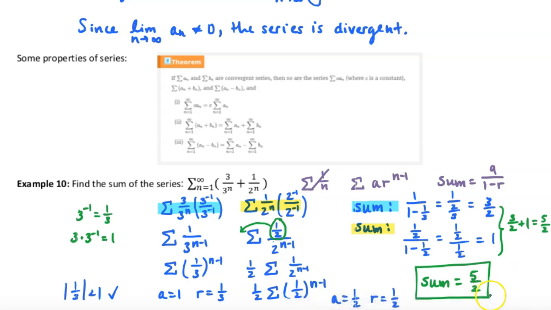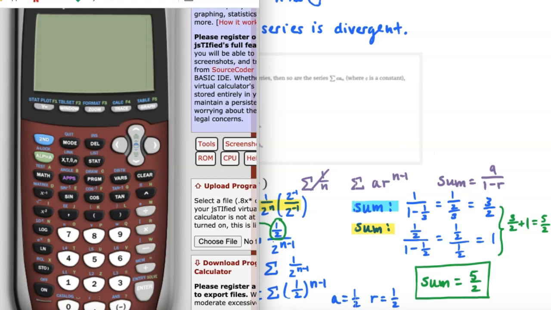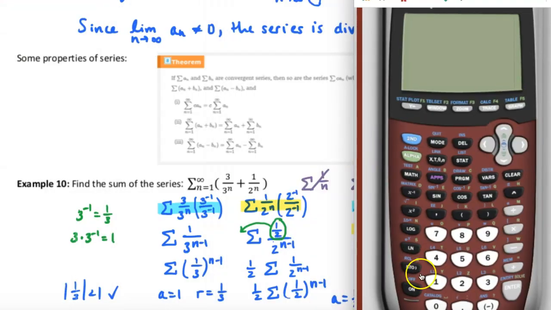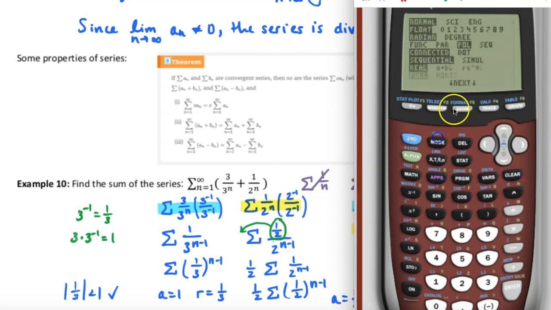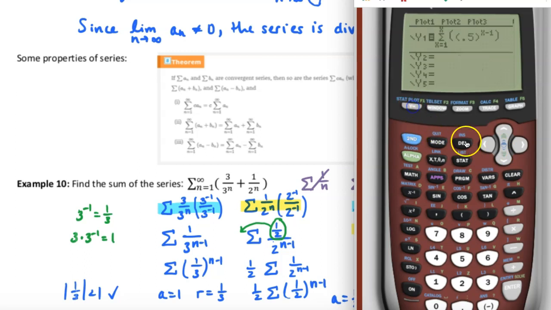And finally, I can check this in the calculator. Let's quickly check this in our calculator. If we graph the summation, so let's go back to our function mode, and I've got this summation of, let me put everything in here.